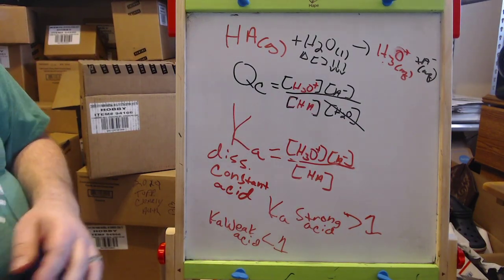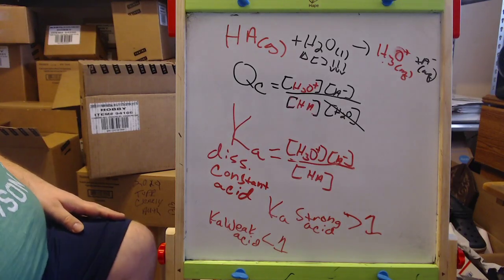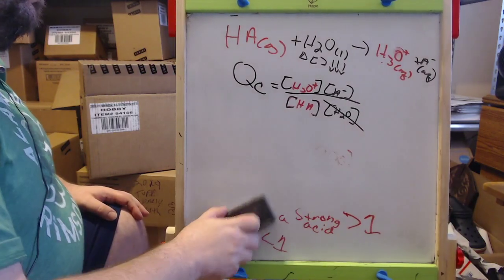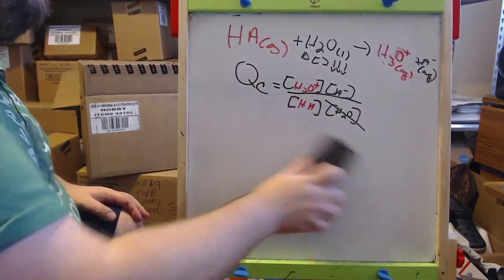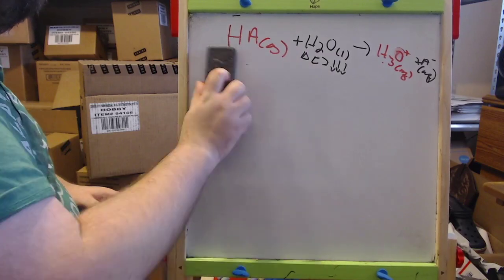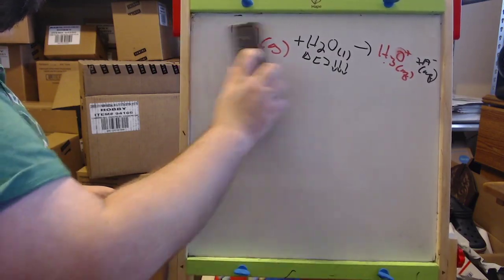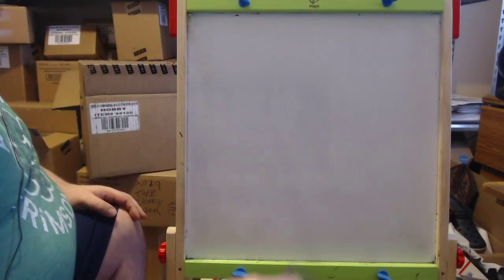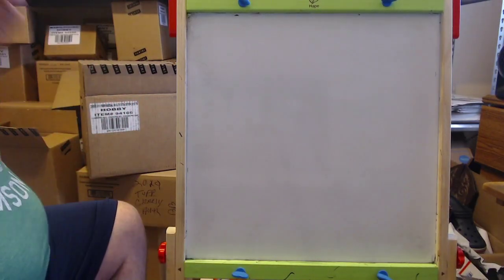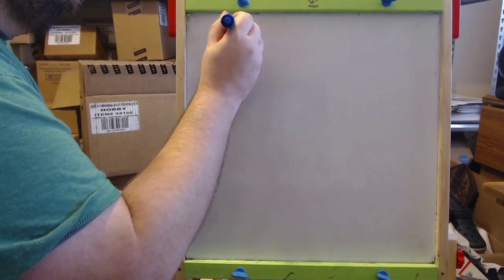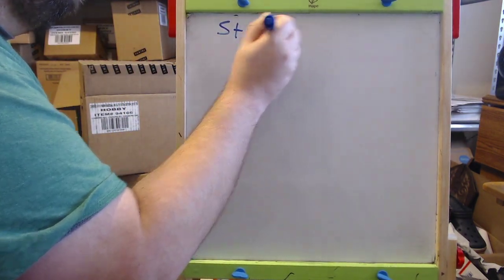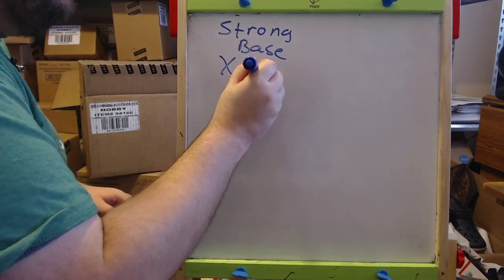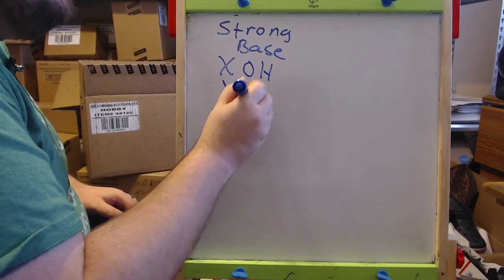Let's talk about bases. What makes a strong base a strong base? What makes it a weak base? Strong bases: a metal bonded to a hydroxide, a metal bonded to oxygen.